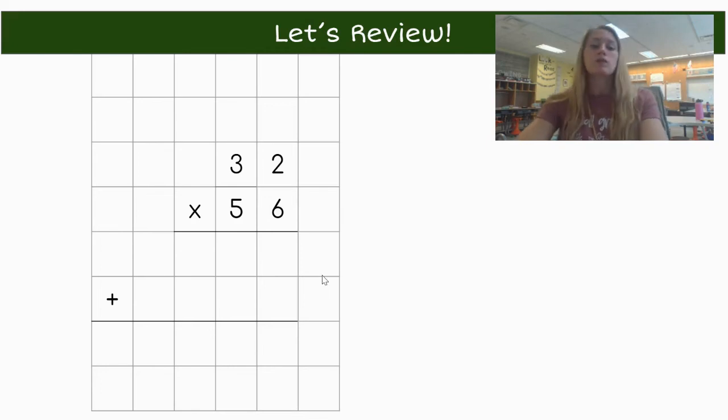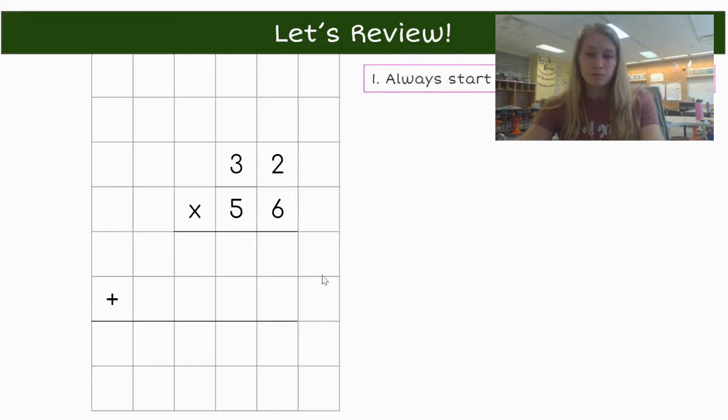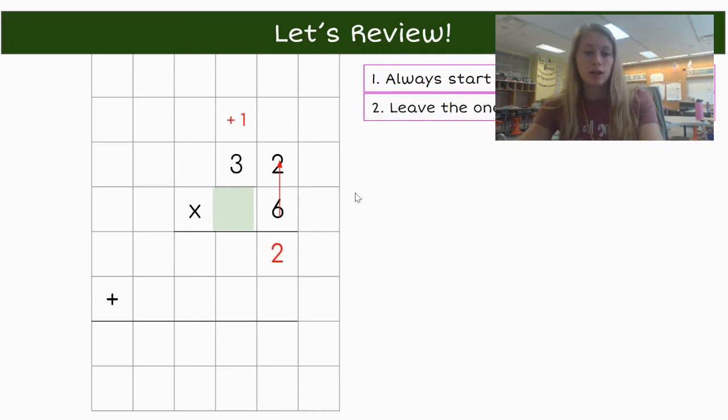So let's review how to do double-digit multiplication. We have 32 times 56. We always start with the ones place value. So we look at our 6 times 2. We leave the ones and regroup the tens, meaning we drop the 2, we carry the 1 to the next place value.